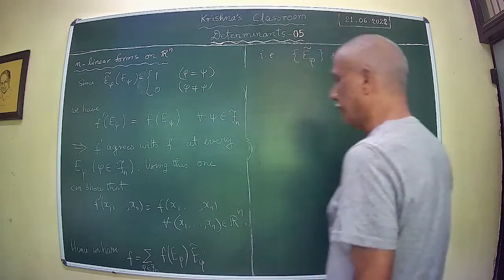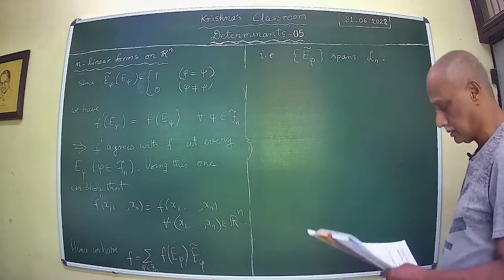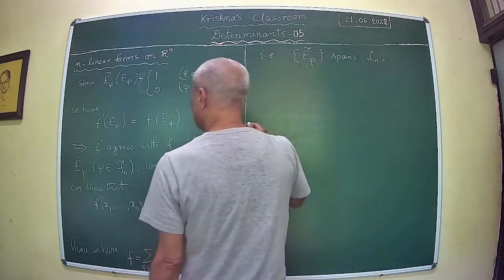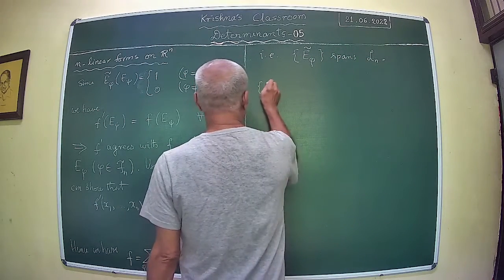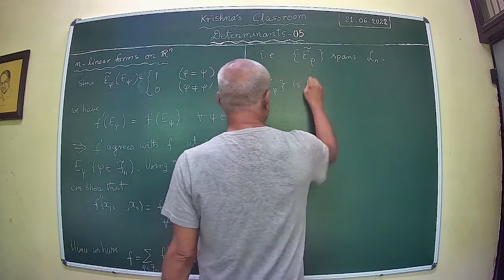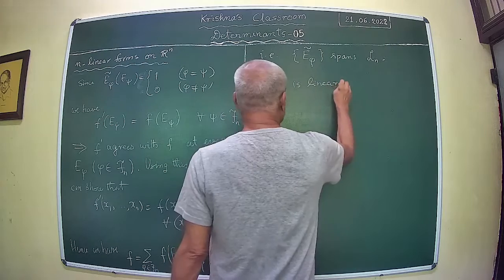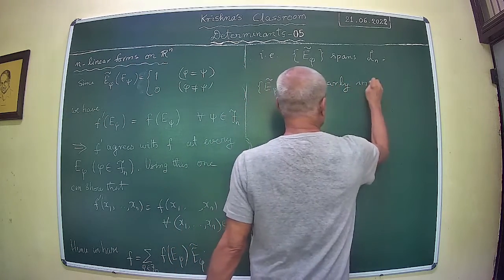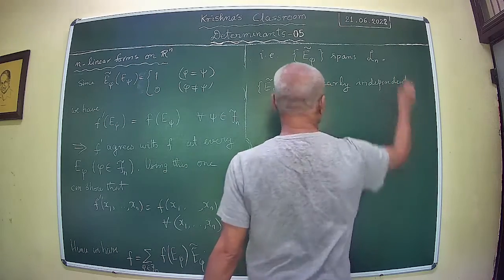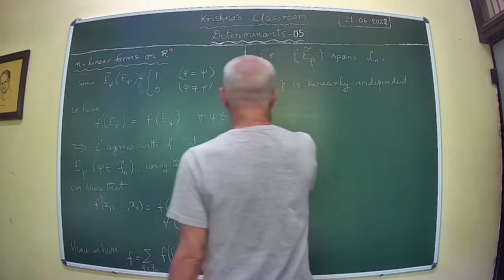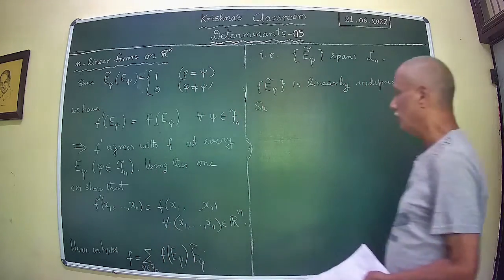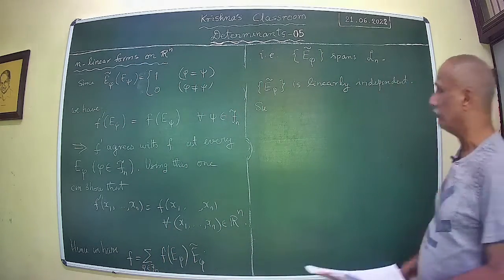Now all that remains is to show that this is a basis. Now the next part is that suppose you know that the linear combination of E phi tilde forms an element of Fn.